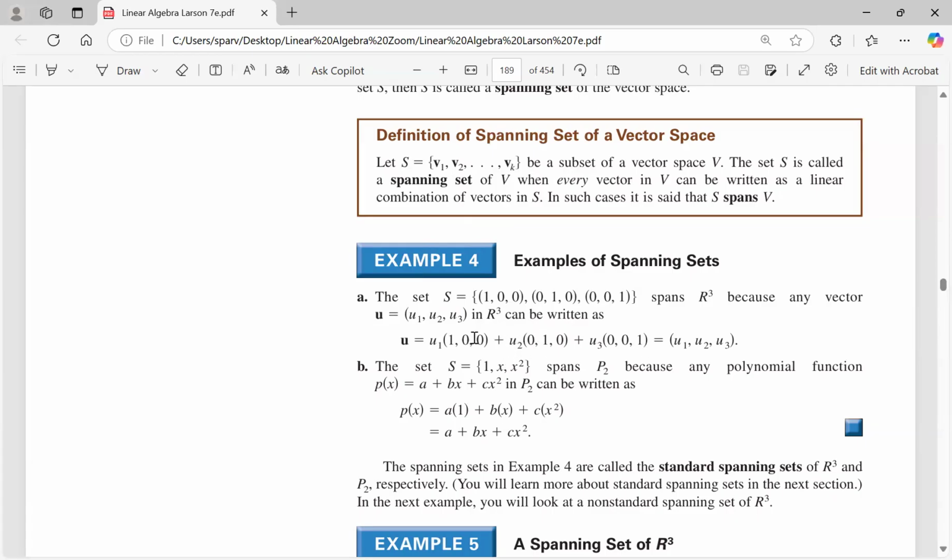So for example, if my vector is (3, 4, 5), that would be 3 times u1, 4 times u2, and 5 times u3. So every vector in R3 is made up of these 3, and we say that this set spans the vector space R3.